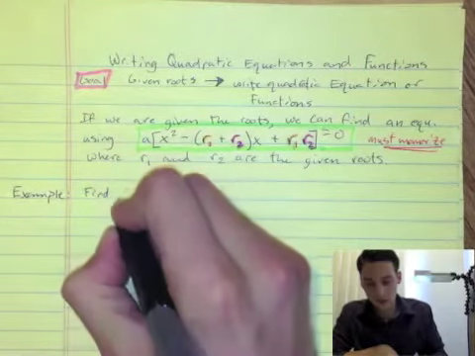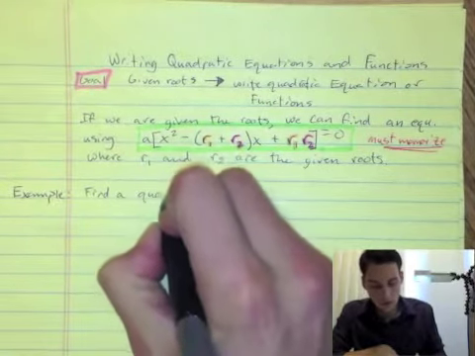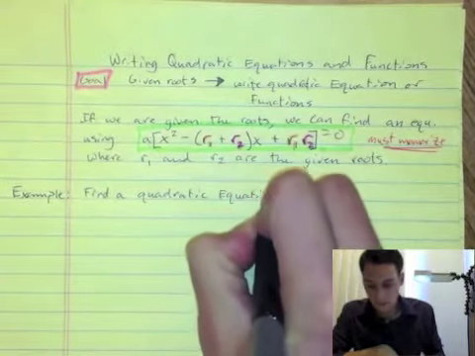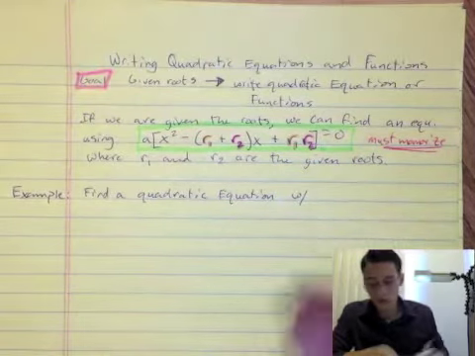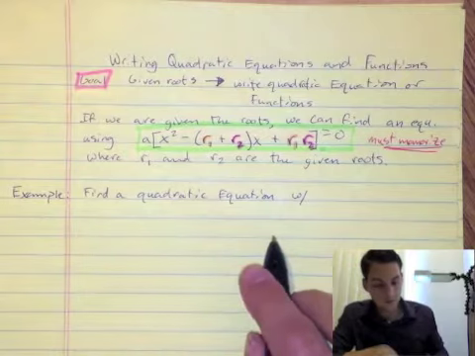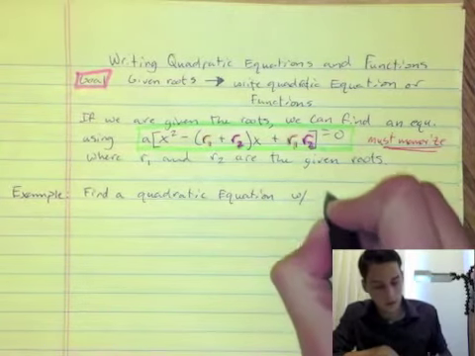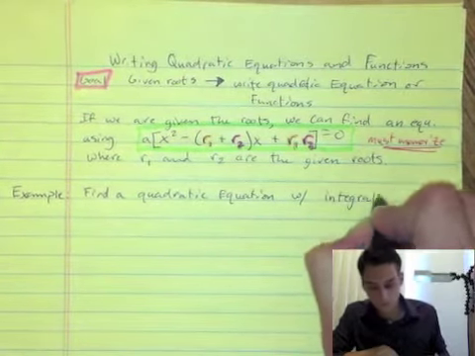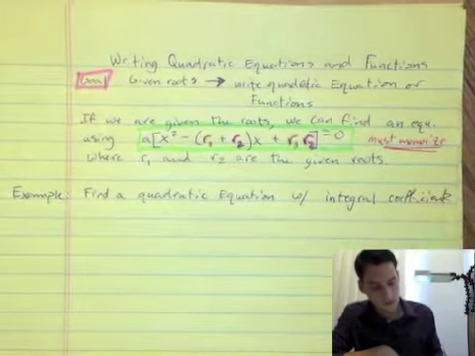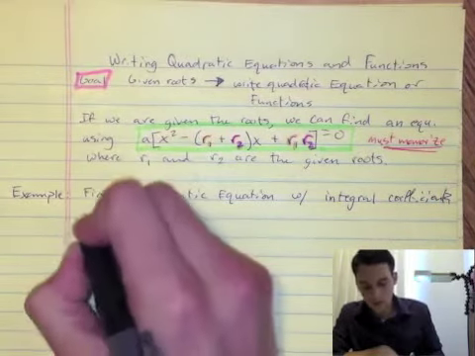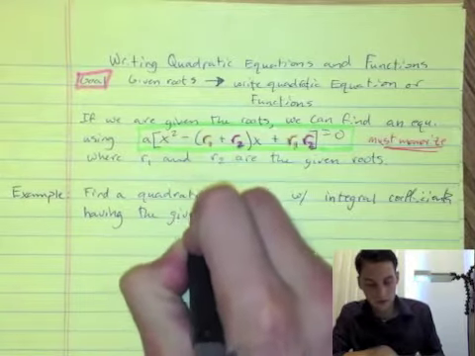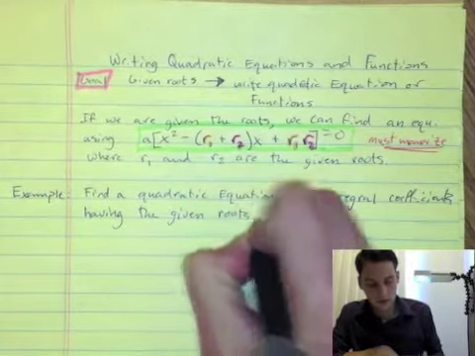These are the directions: find a quadratic equation with integral coefficients having the given roots.